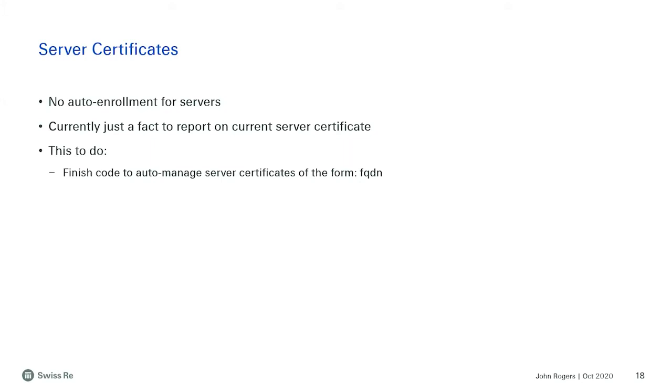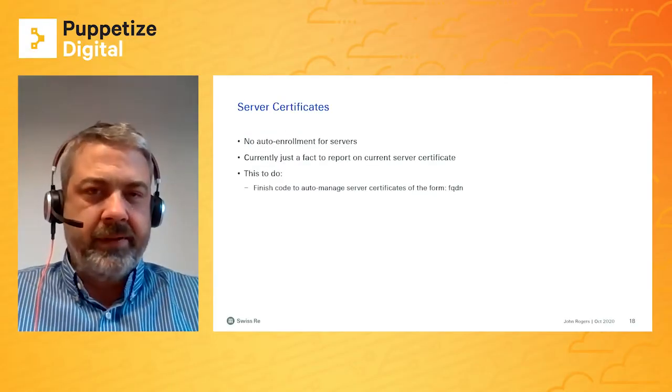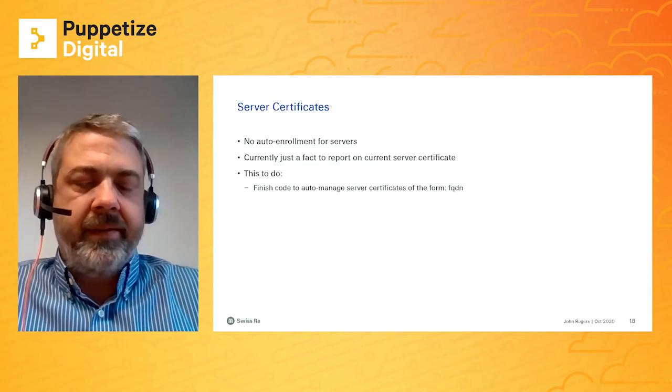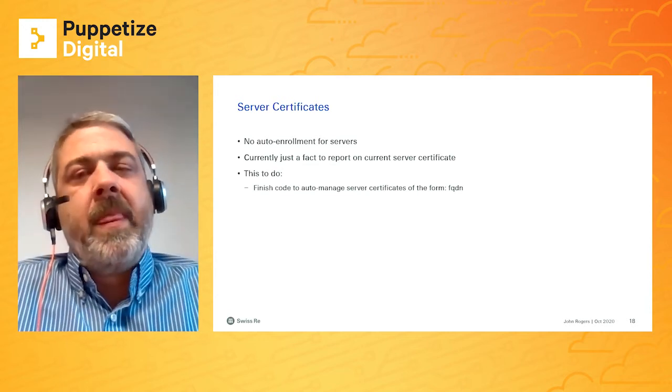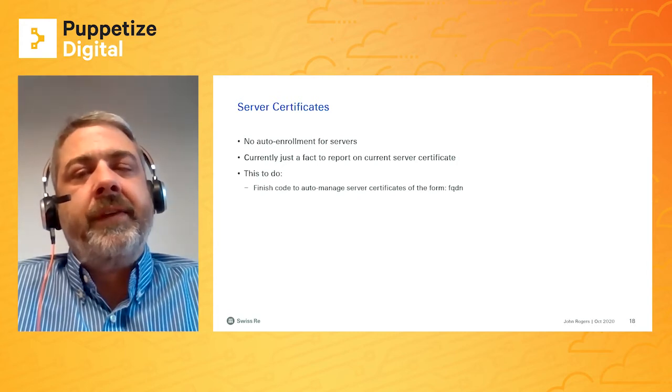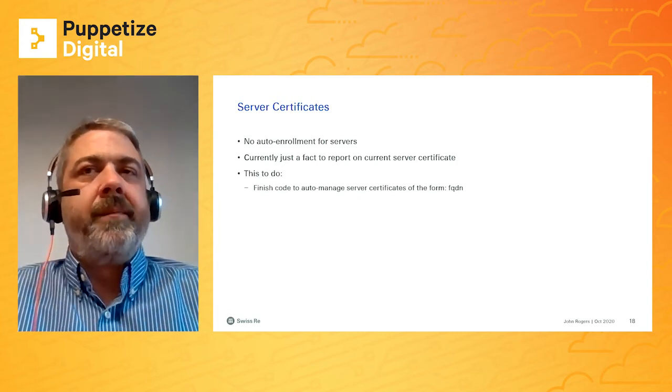Currently what we have right now is just a fact that reports on the certificates currently installed and when they expire and things like that. And what's currently being developed is a way for the machine to talk to the API that we have in front of our PKI infrastructure, so that using the trusted cert from the Puppet master, the agent can order a certificate for its fully qualified domain name.